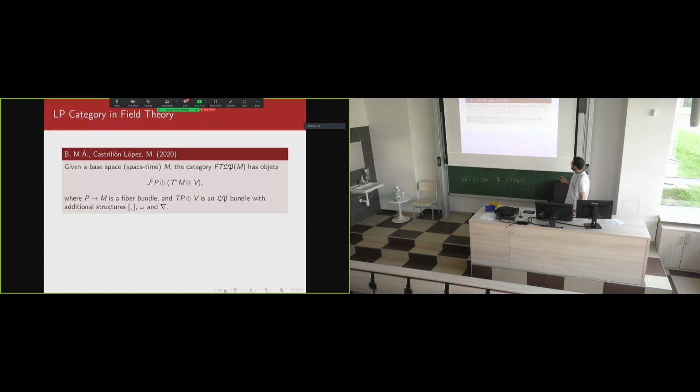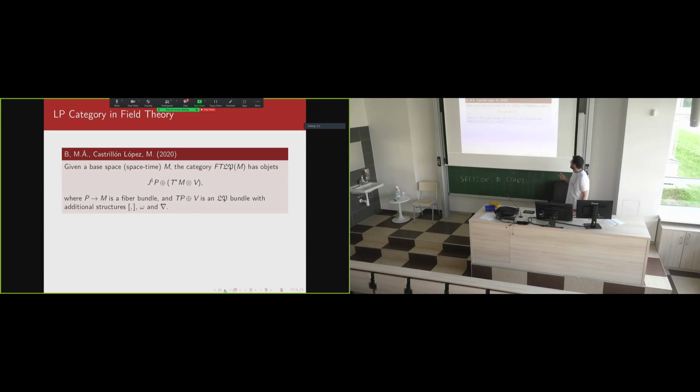Once I fix a base space, I have this category of bundles, which is just the jet bundle of a fiber bundle over M. And then I have this part over here, so that V is a vector bundle over P, such that the tangent of P plus V is an LP bundle. So I have defined a new category for reduction by stages in field theory.